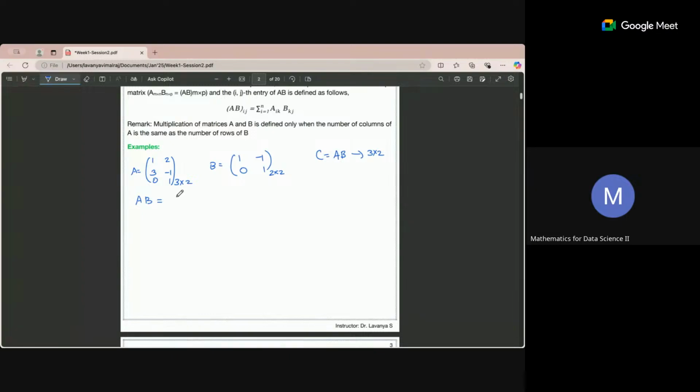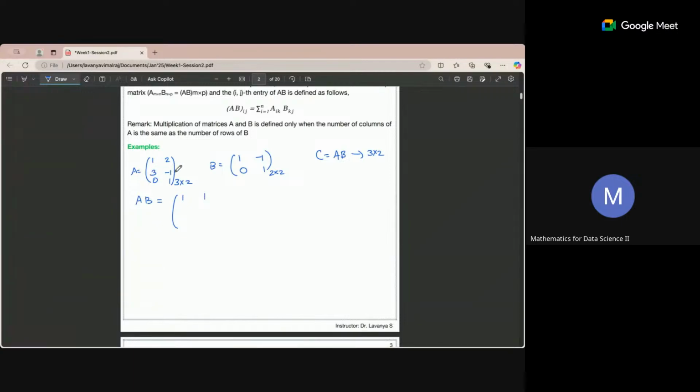How to do A into B? What is the first entry of AB? First row into the first column. So what is the answer? 1. And first row and second column: -1 plus 2 is again 1.